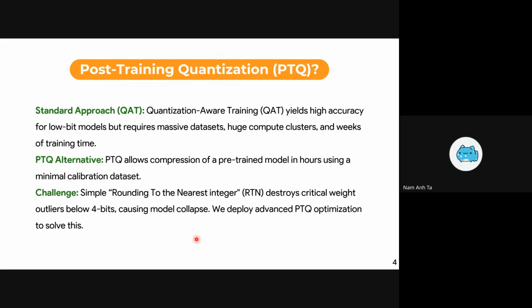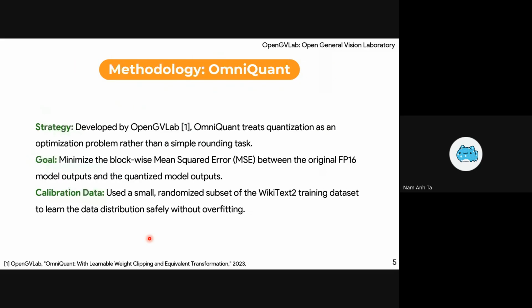So the thing here is, when we quantize the model, we will normally use the round-to-the-nearest-integer approach. But in most cases, it will destroy some critical weights, and then the model will collapse. So I deploy a more optimal way to do that.